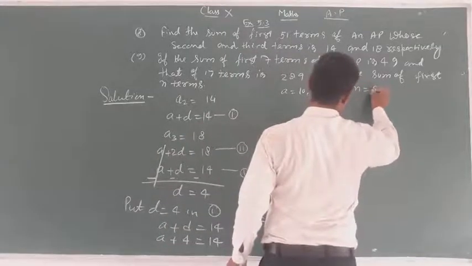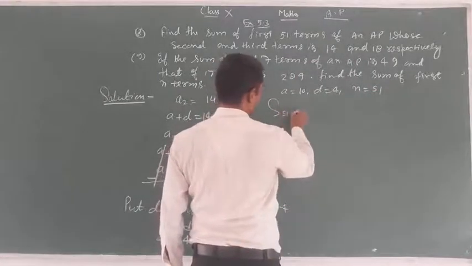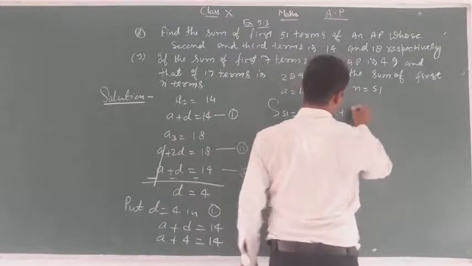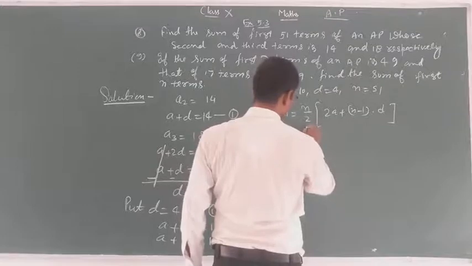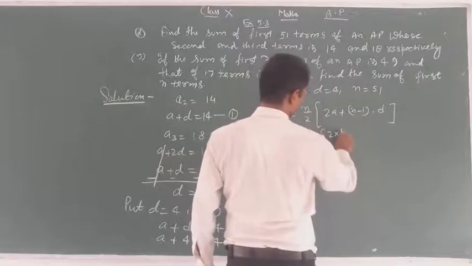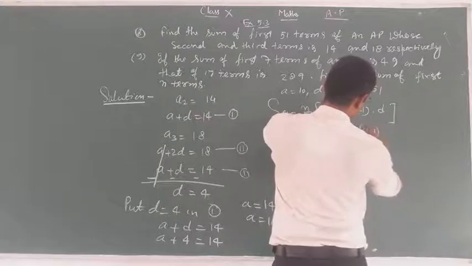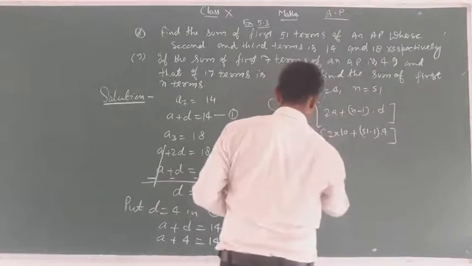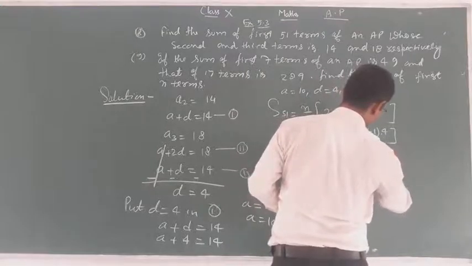N is equal to 51. Now S51 is equal to n by 2 in bracket 2a plus n minus 1 into d. So now put here 51 upon 2 into a for 10 and plus 51 minus 1 into d for 4. So 51 divided by 2, 20 plus 50 into 4.